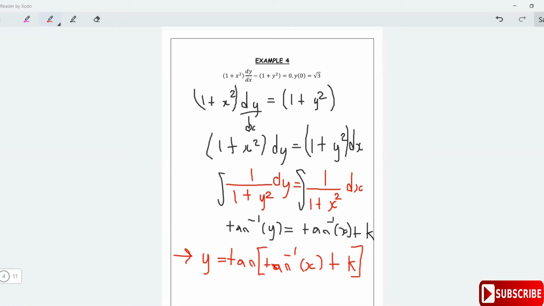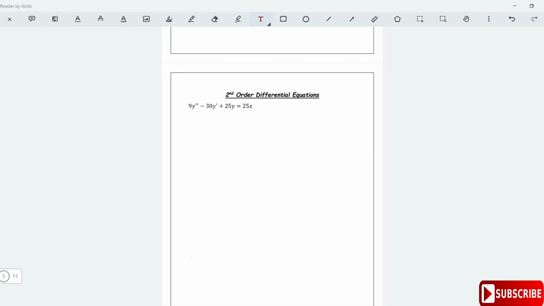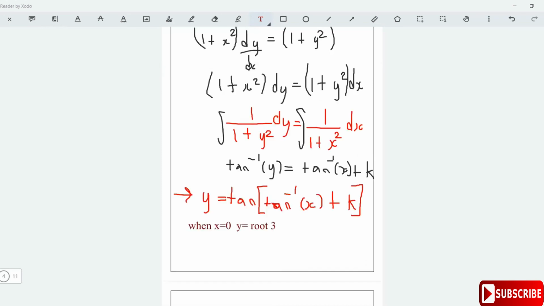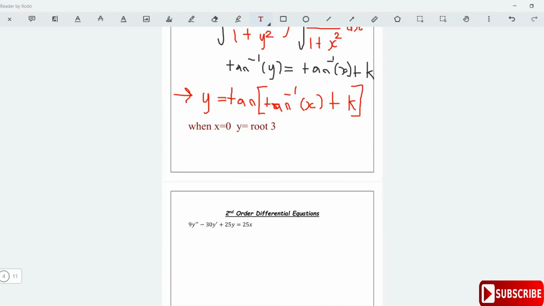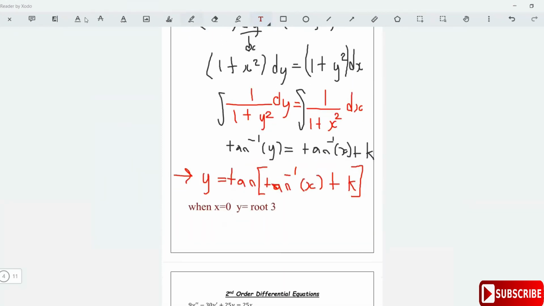Now we know that when x equals 0, y equals root 3. So let's utilize that fact. When x is 0, put 0 here. What is tan inverse of 0?